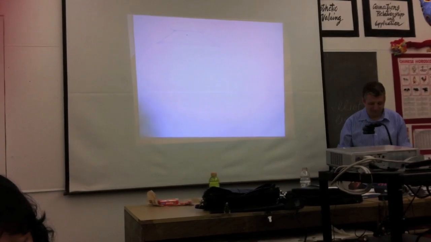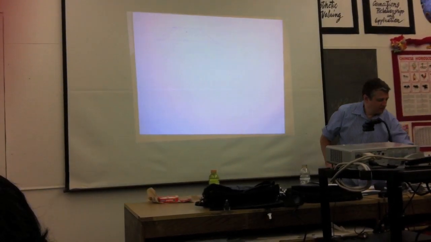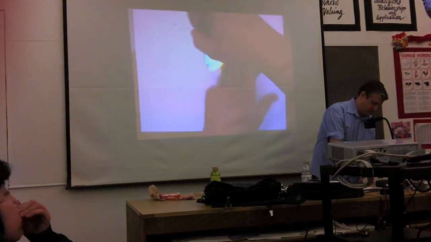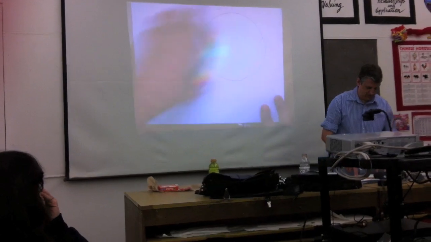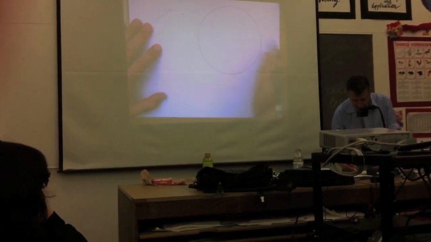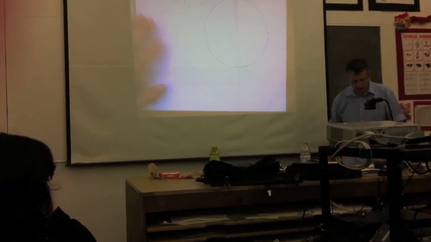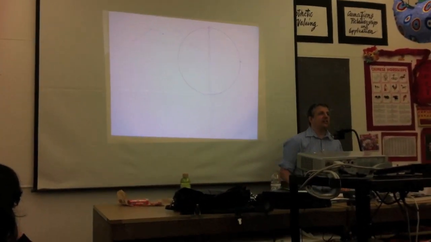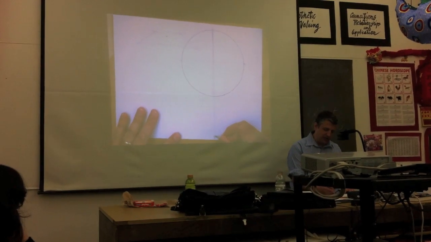Okay, now watch. If we have a circle, let me do this. Now let's say we have a viewer looking at this circle, and this is a top view. The viewer is looking at it from here.